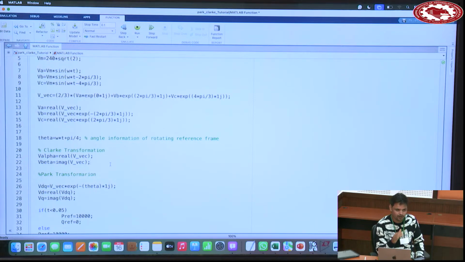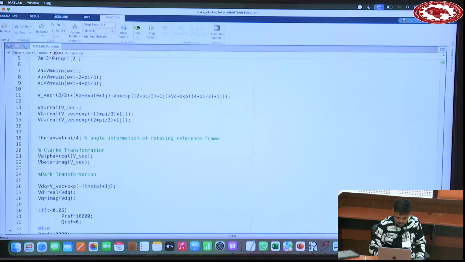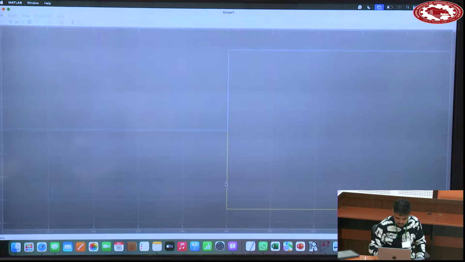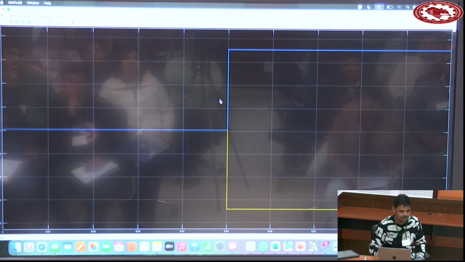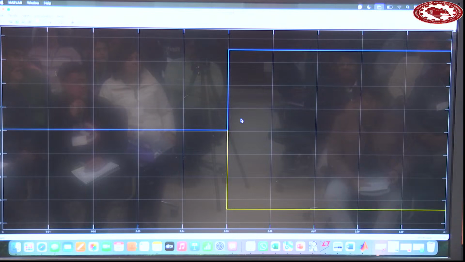Then decoupling is not at all possible. If you are changing active and reactive power, it will affect both. It is affecting both. So you cannot control very effectively.